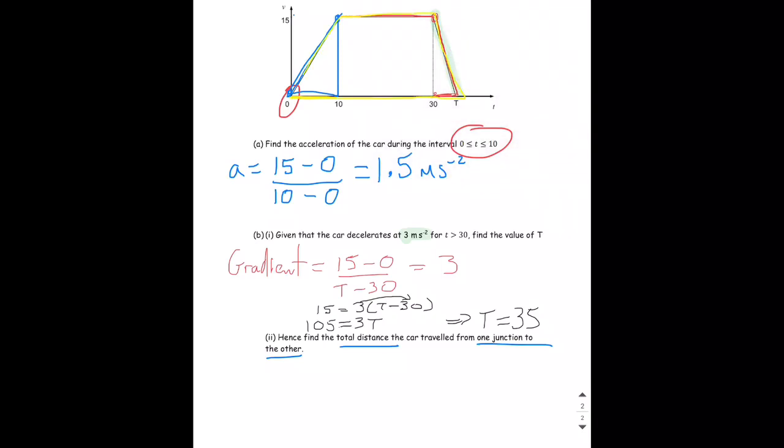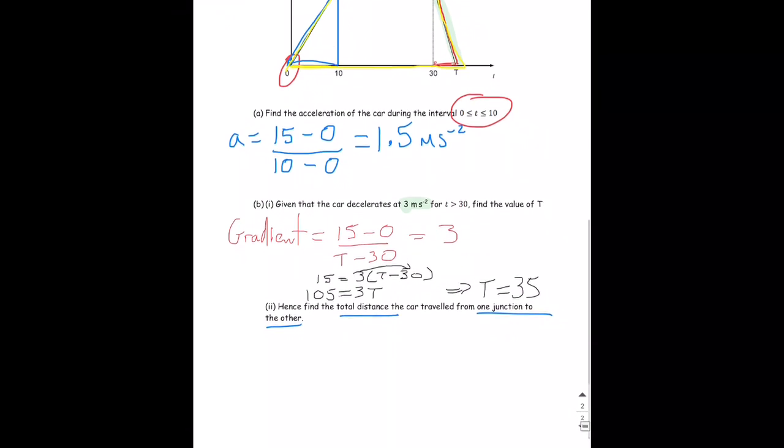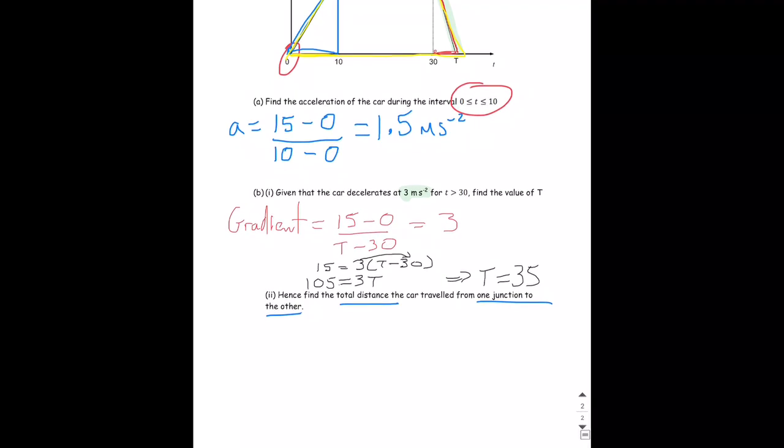Well, this is just a big trapezium, and we should be able to work out the area of a trapezium. We know that it is, from our formula, add the width of the top and the width of the bottom, divided by 2, multiply by the height, or the distance between the parallel sides.